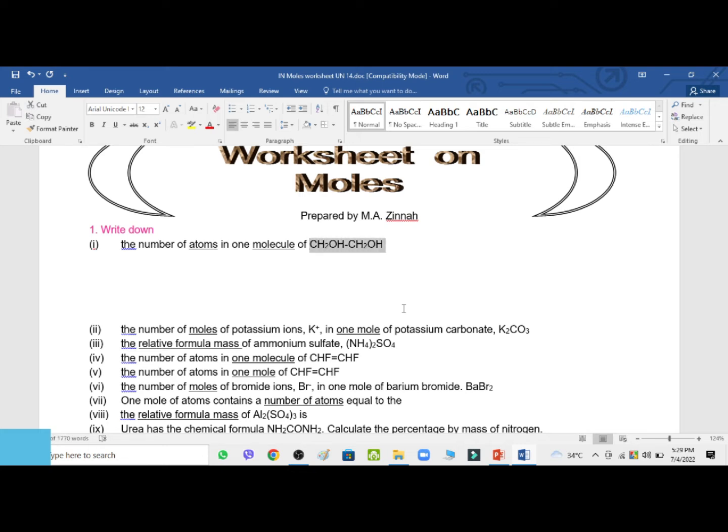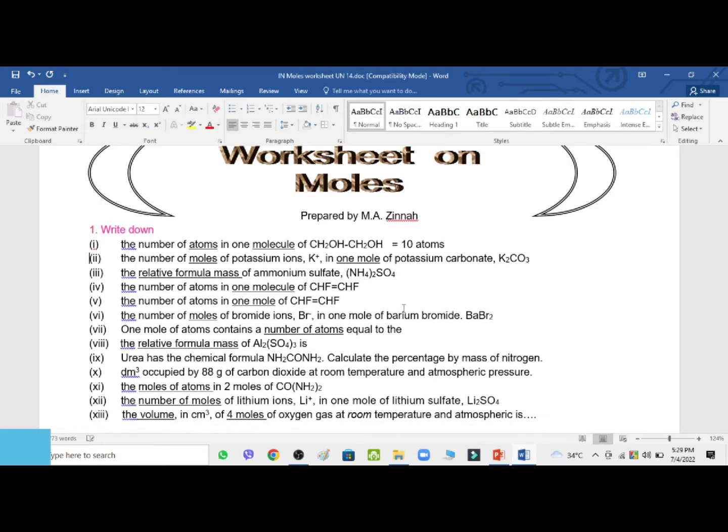If this is one molecule or one particle, how many atoms does it consist of? See here, 3, 4, 5, 6, 7, 8, 9, 10. So the answer to this question is just 10. You write 10 atoms. Very simple. Nothing about mole here.